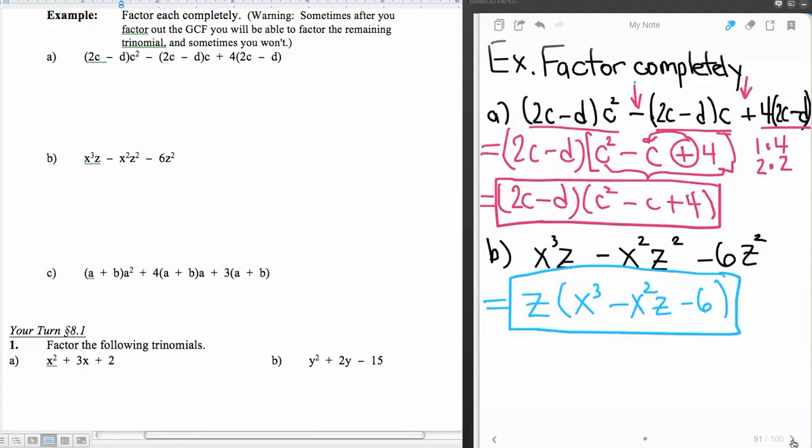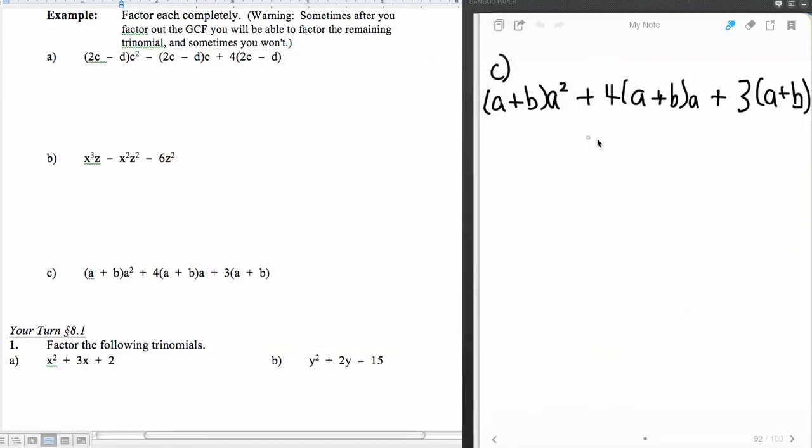Some do, some don't. Now the next one, again, I see sums breaking up our three terms. The a plus b, remember, those are packages, and I can't see inside of them. So those are all multiplications, and these are separating sums, so three terms. So in every single term, I see a plus b.